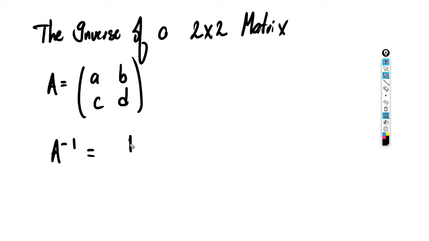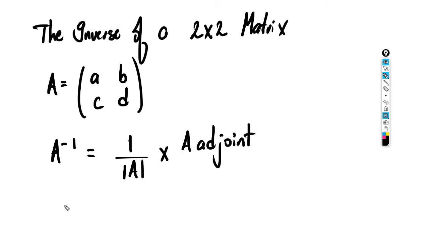A to the negative 1 is equal to 1 over the determinant of A, multiplied by A adjoint. Okay, cool. So let's just write out the symbols here so you can get an idea.